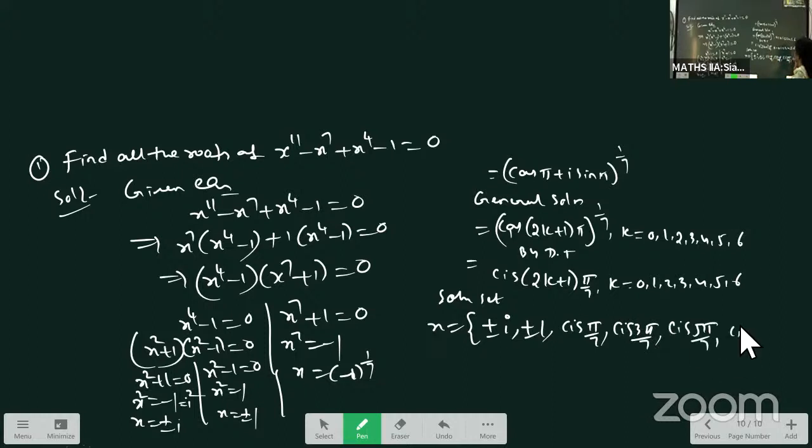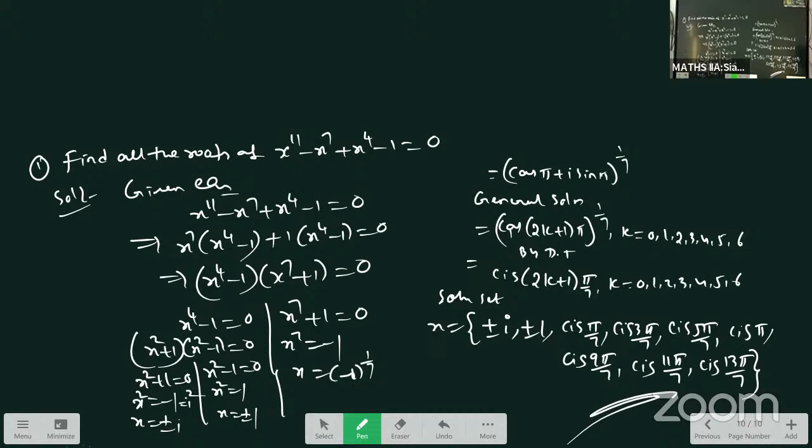Next, k equals 3, 2 times 3 is 6, 6 plus 1 is 7 pi, so just pi. Next, k equals 4, 2 times 4 is 8 plus 1, 9 pi by 7. k equals 5, 2 times 5 is 10 plus 1, 11 pi by 7. k equals 6, 12 plus 1, 13 pi by 7. So if you count all together, they are 11 roots.